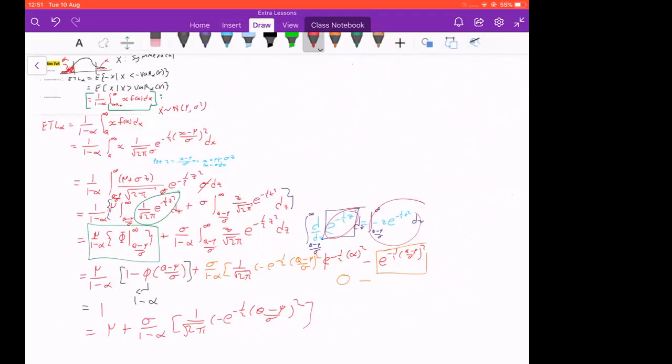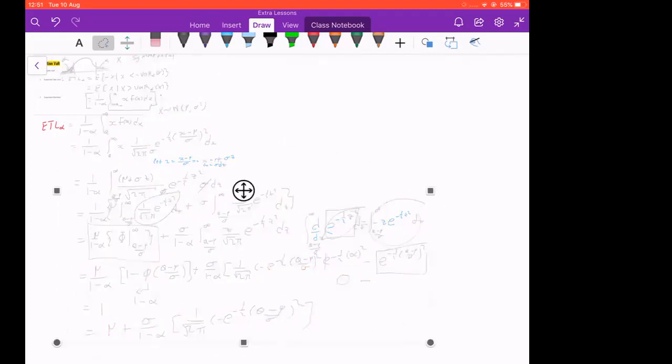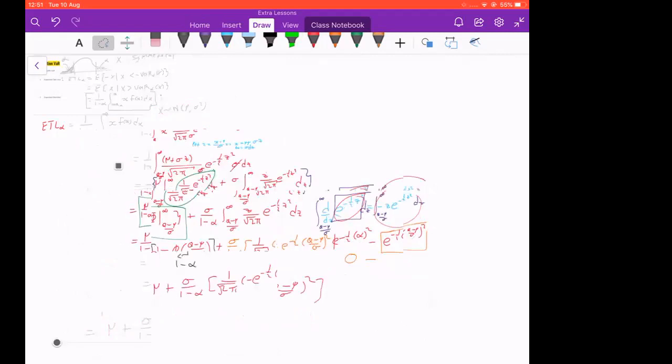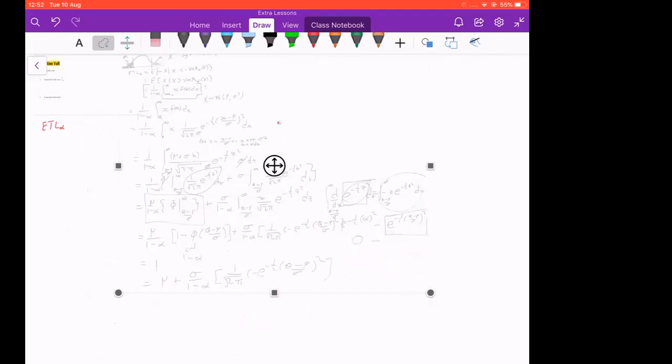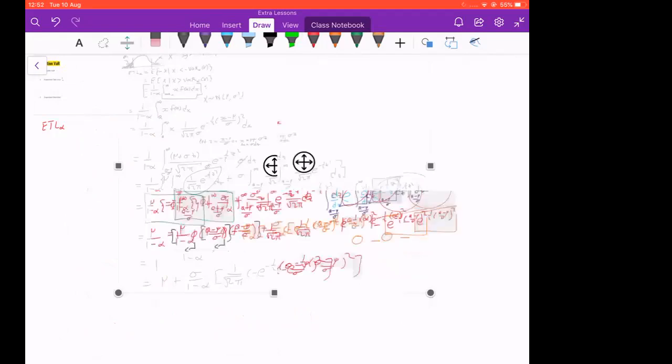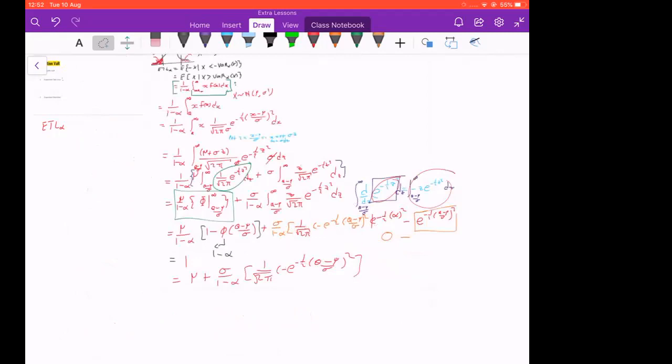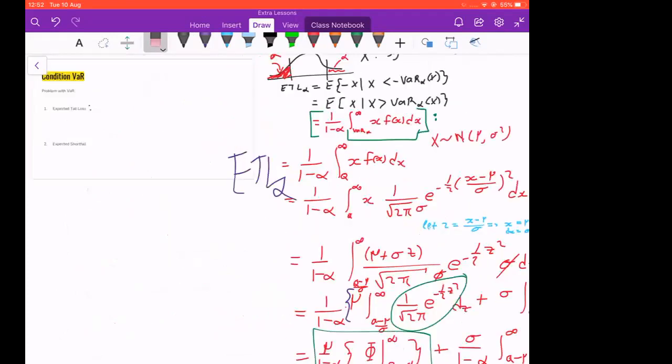So another risk measure under conditional VaR is going to be your expected tail loss, right? Again, this one is your expected tail loss. There is another risk measure that you need to know, which I have told you earlier on, your expected shortfall, right?